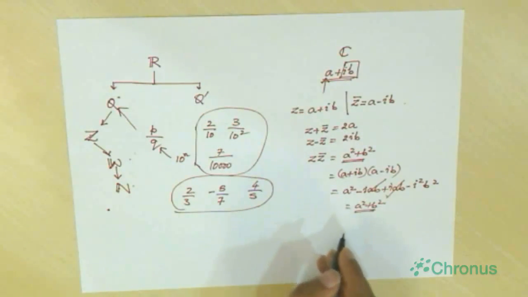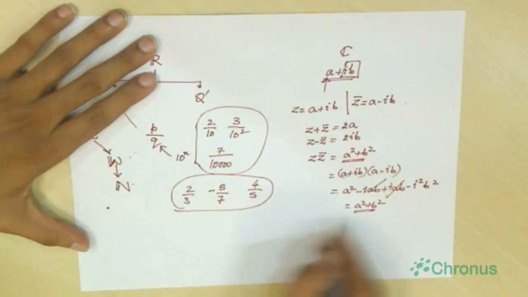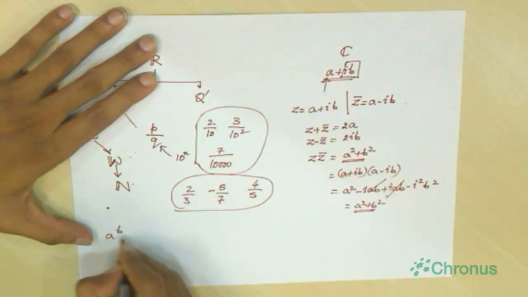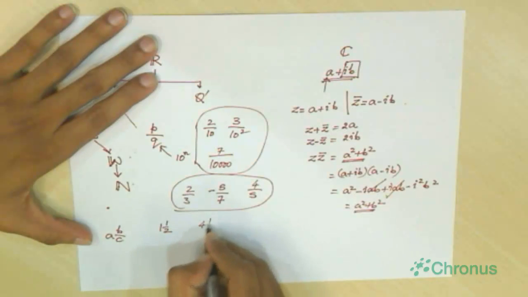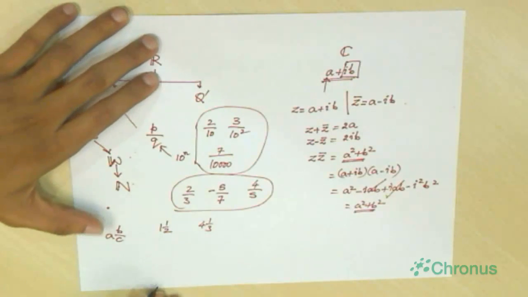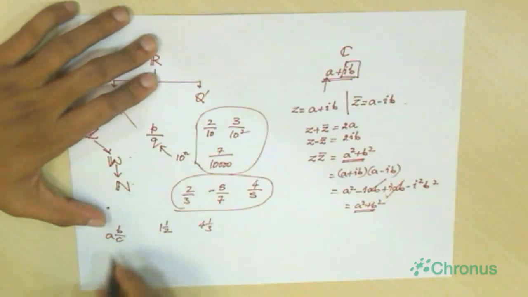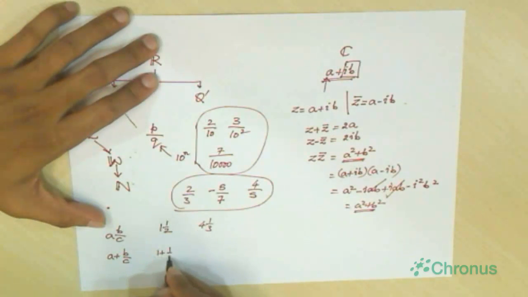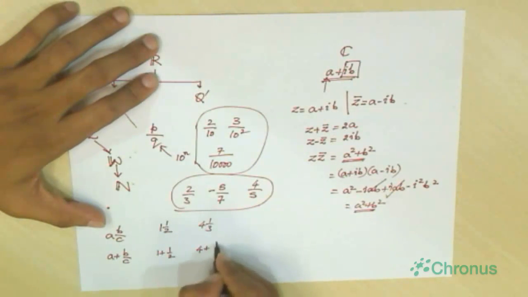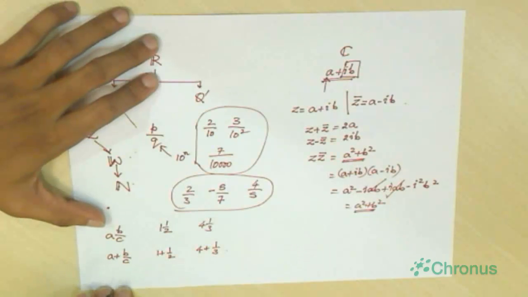And then we have something called a mixed fraction. Mixed fraction is something like a, b by c. So we say 1 1/2, 4 1/3. So things like this are mixed fractions. A mixed fraction is nothing but a plus b by c. 1 plus 1 by 2. 4 plus 1 by 3.